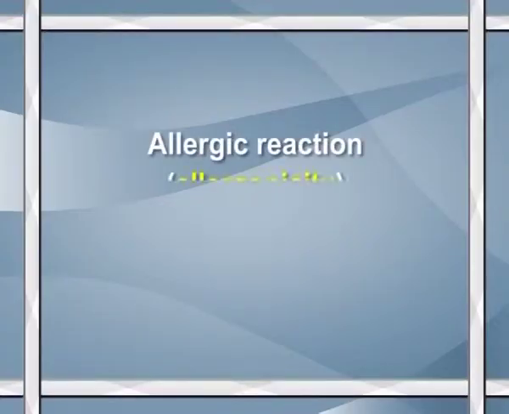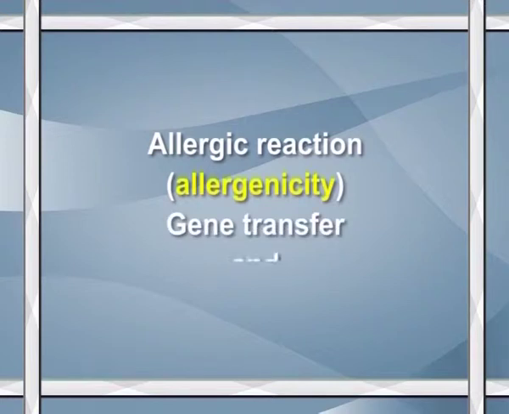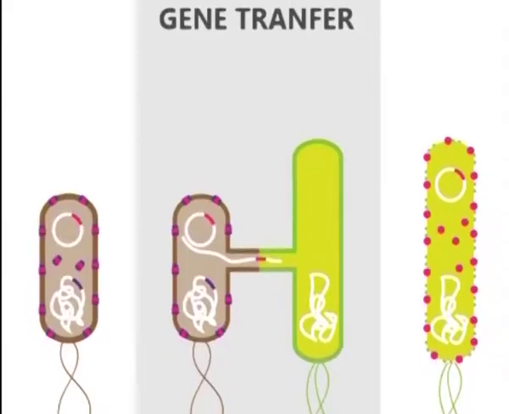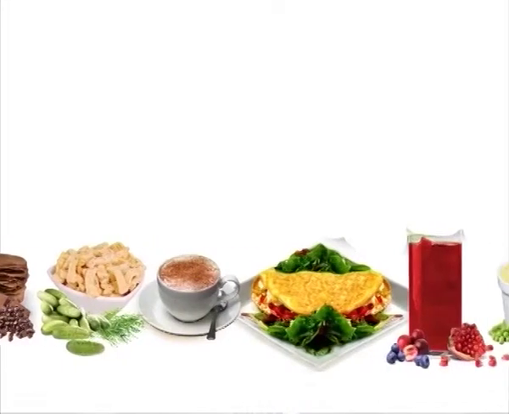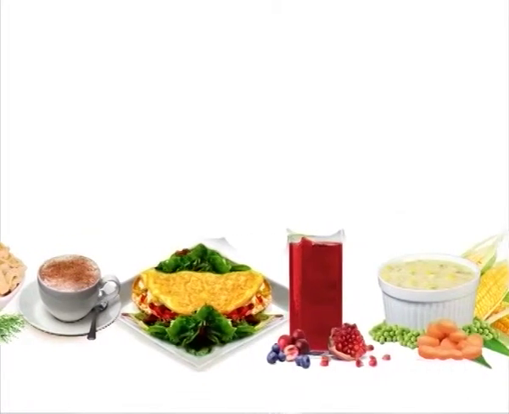While theoretical discussions have covered a broad range of aspects, the three main issues debated are the potential to provoke allergic reaction, that is allergenicity, gene transfer and outcrossing. Allergenicity. As a matter of principle, the transfer of genes from commonly allergenic organism to non-allergenic organisms is discouraged unless it can be demonstrated that the protein product of the transferred gene is not allergenic.